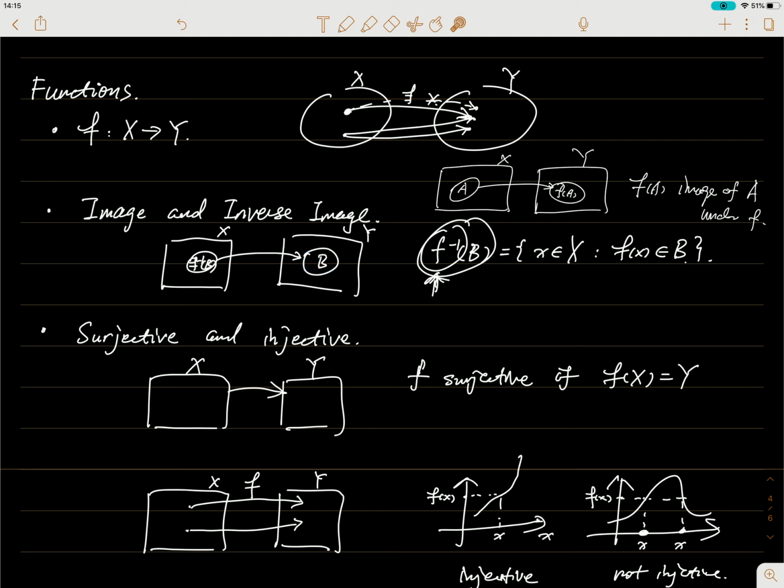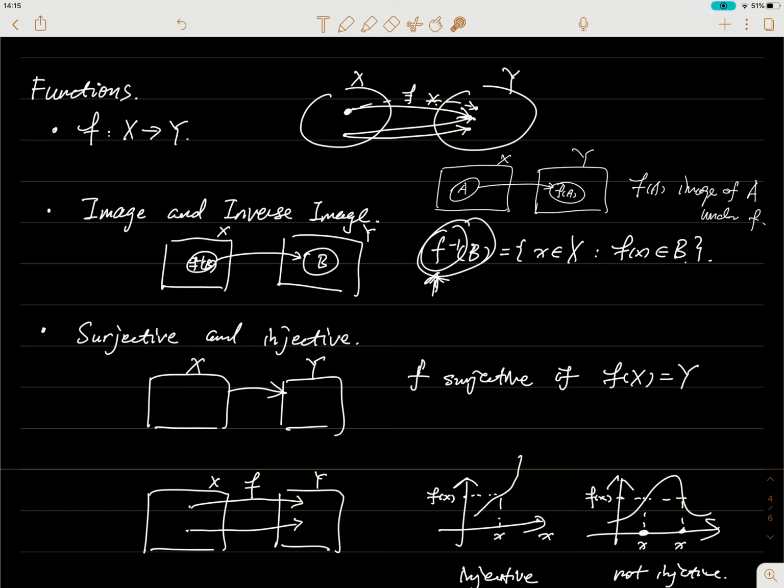So the image of some set in X, say A in X, is this. And the inverse image of some set in Y is like this. Okay, so that's the image and the inverse image. Notice that different points in X can be mapped to the same point in Y, so there could be some other point here that is also mapped into this.